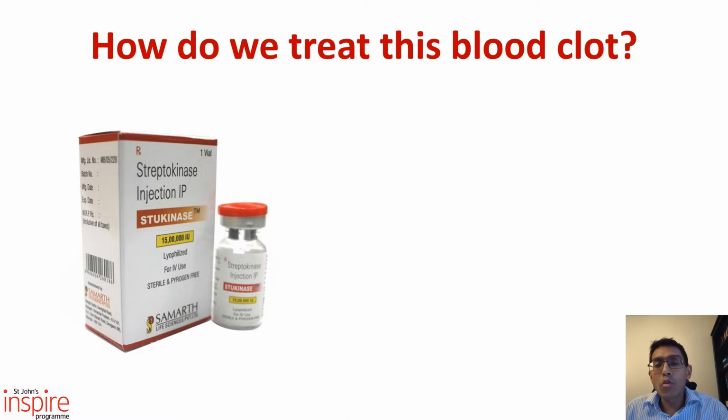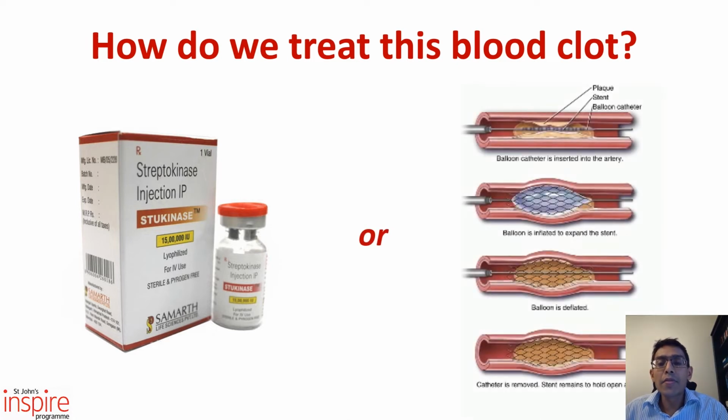It travels all around the body and so doesn't affect only the heart artery, but also elsewhere, potentially leading to complications of bleeding. The alternative is to deliver a specialized wire and balloon to the affected artery, and by opening up the balloon, disrupt the atherosclerotic plaque and open up blood flow. We can then put a metal scaffold or stent in that sits in the artery and holds it open over time. Which of these is the better treatment?